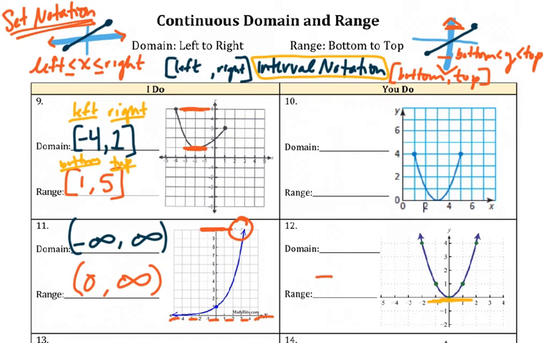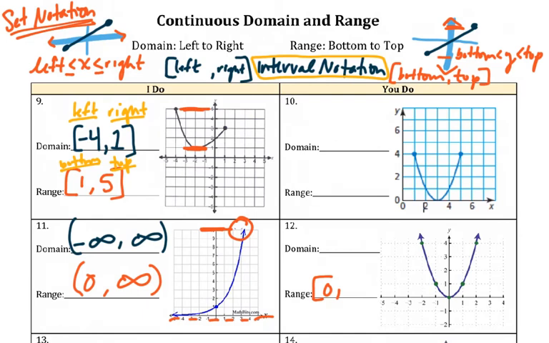The bottom is 0, and there's a closed circle on the bottom at 0, so this does get a closed bracket. It gets parentheses if there's no actual ordered pair there. So this one here, left side to right side, bracket and bracket, because they're closed circles. Okay, so go ahead, try number 12.